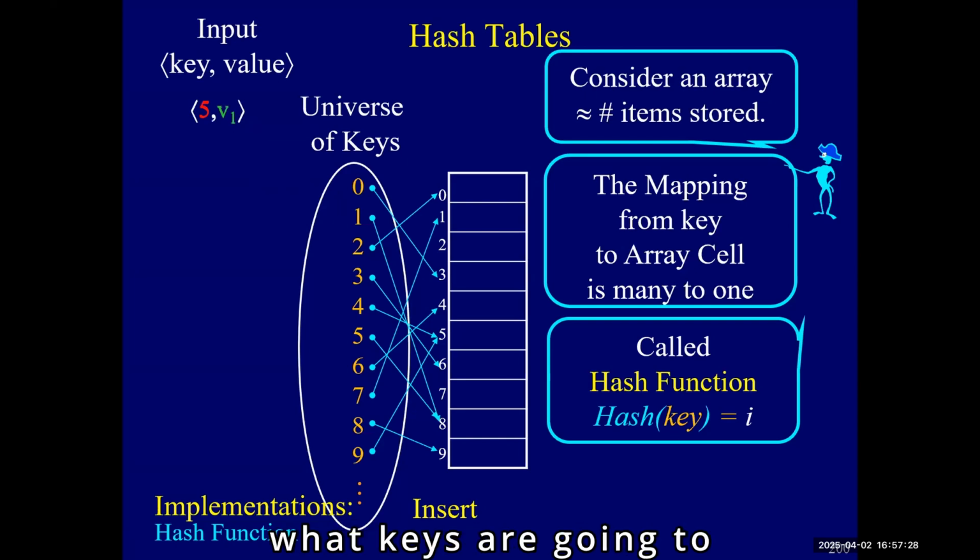And we don't know what keys are going to come in the future, right? And we want to store them in a small array. How big is this array? It's going to be of the size so that it's never more than half full, right? If it ever gets more than half full, you just throw it all away and start over, all right?